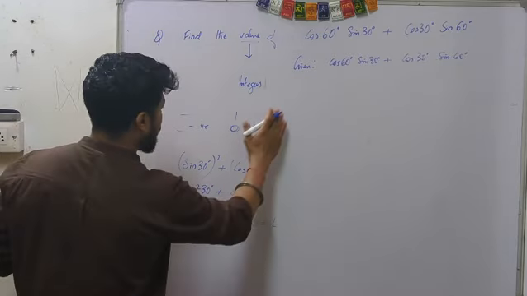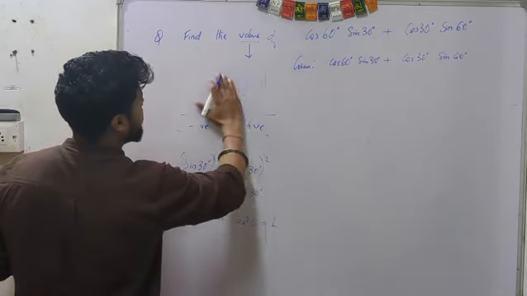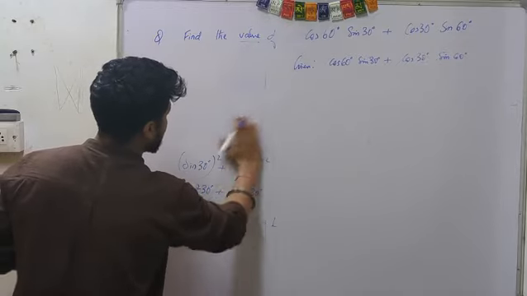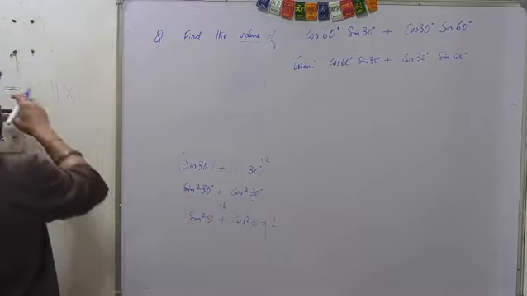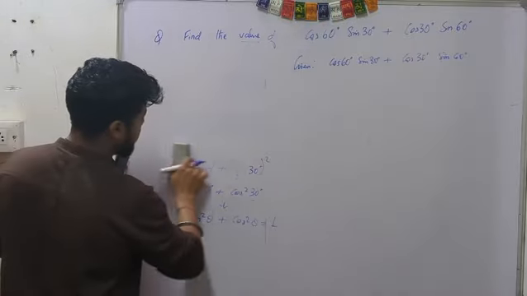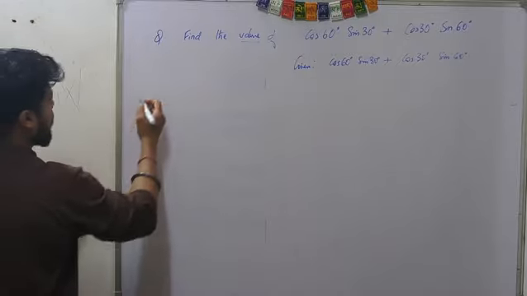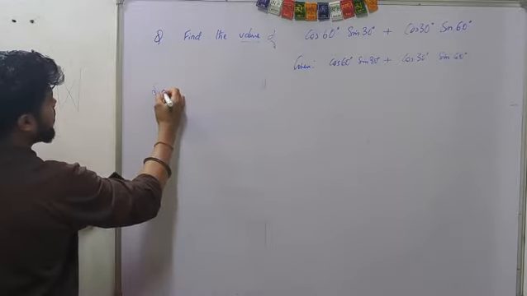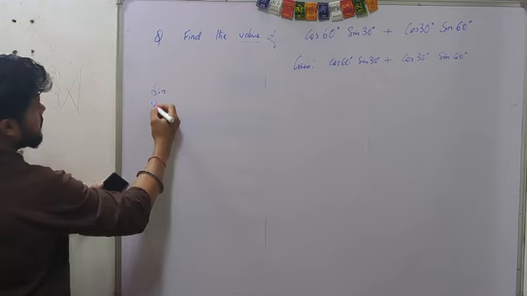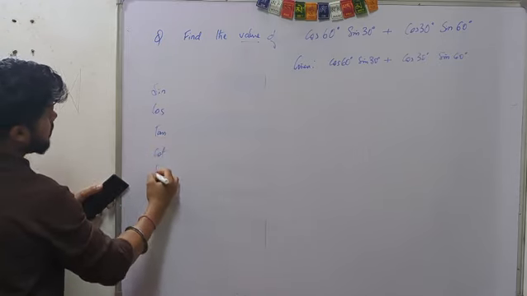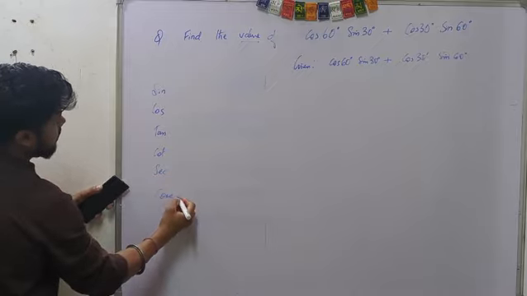Now remember the complementary ratios. Under trigonometry, you have to remember the complementaries. How would you remember? First remember the sequence: sine, cos, tan, cot, sec, cosec.